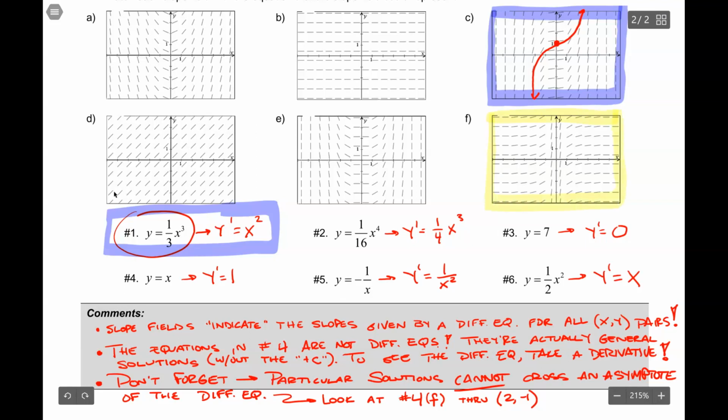And that matches up with the differential equation 1 over x squared, which had a general solution of negative 1 over x. Let's graph the point 2 comma negative 1. It's going to be right there. If I were to graph that solution, it would look like that. And make sure you do not pass over an asymptote of the original differential equation. In this case, that is x equals 0.